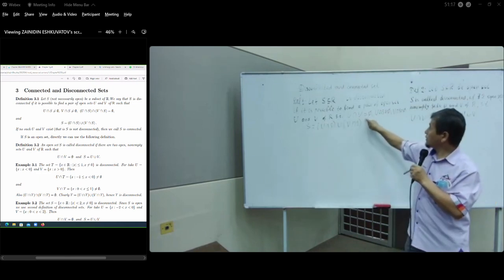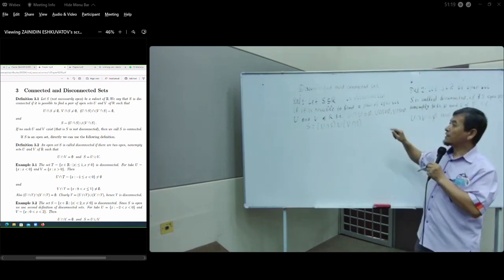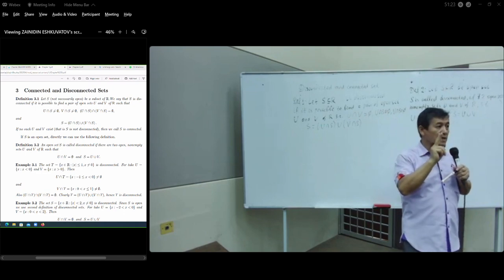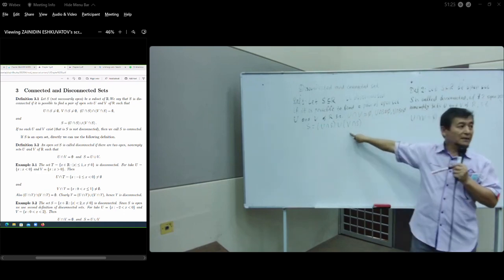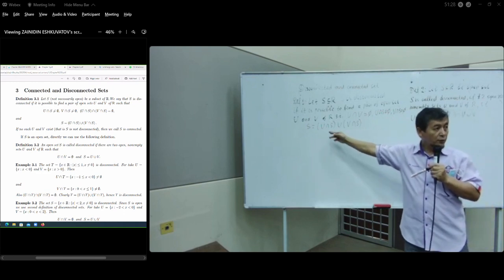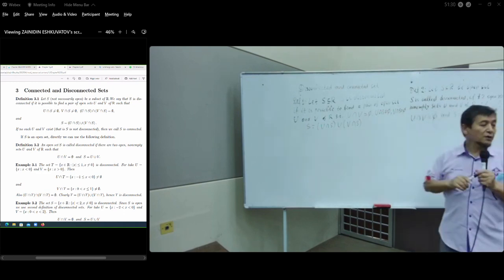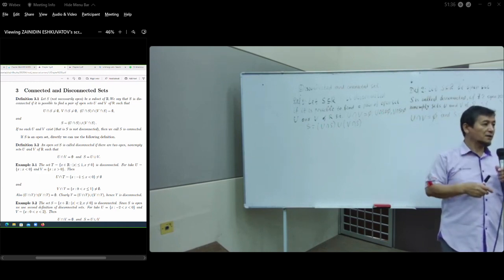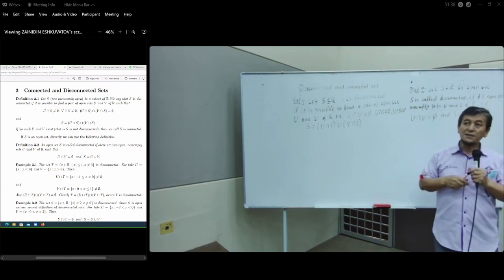If it is possible to find two disjoint open sets such that S can be written as a union of two sets, then it's called disconnected. For a connected set, if a set is not disconnected, it's called a connected set. So that's the definition.